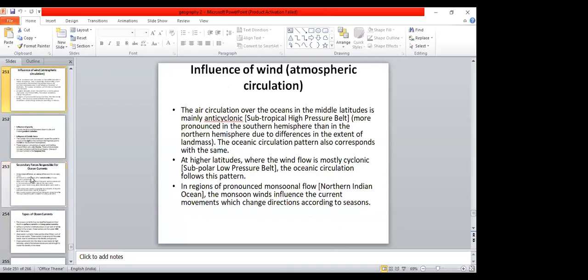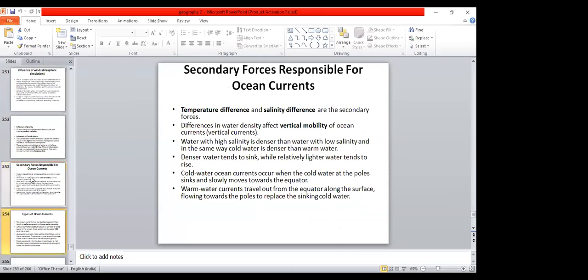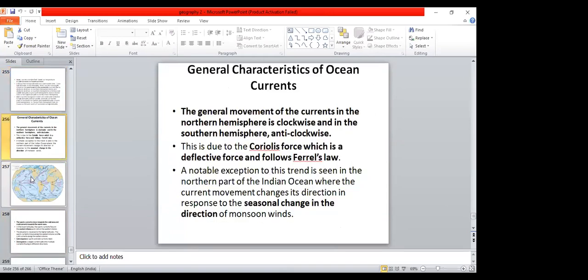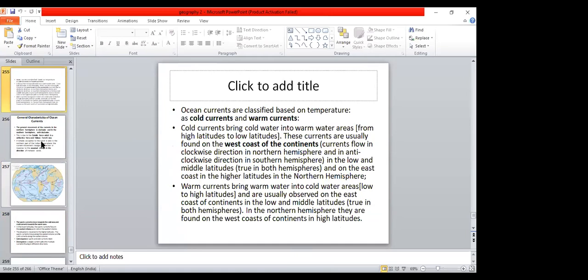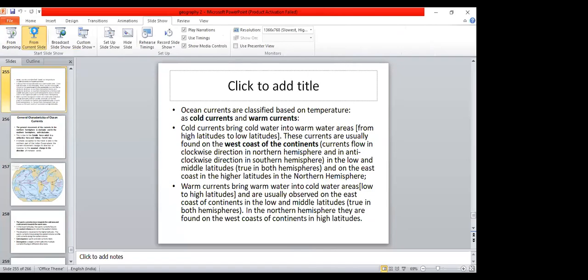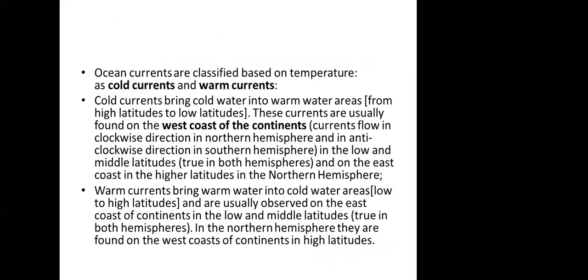So, what were we discussing? Different types of ocean current, cold and warm, right? This is what we are discussing. Since it travels on the right hand direction, you can find the cold ocean currents on the western part of the continent.